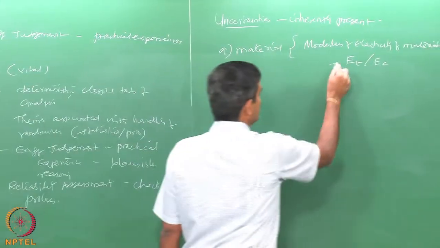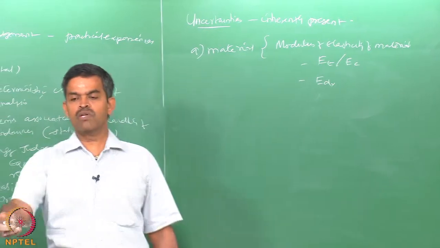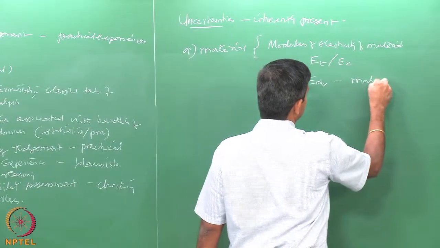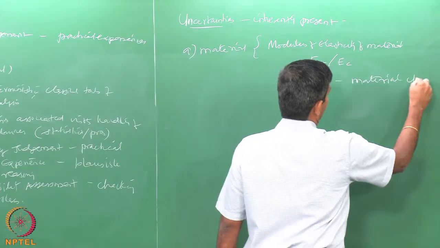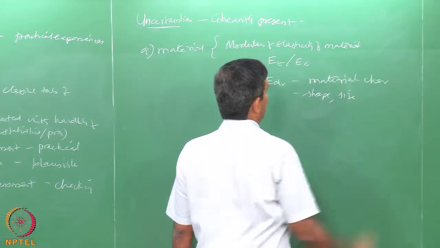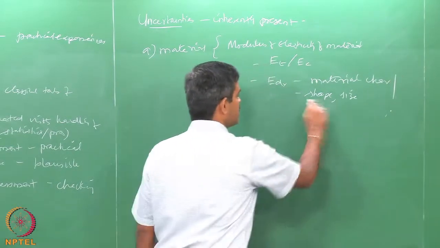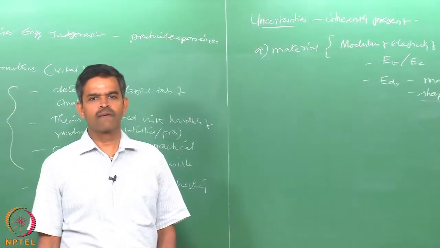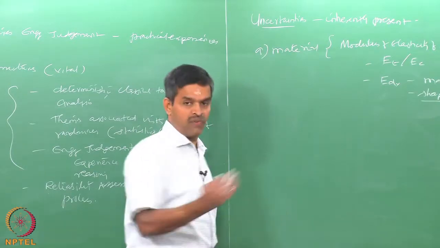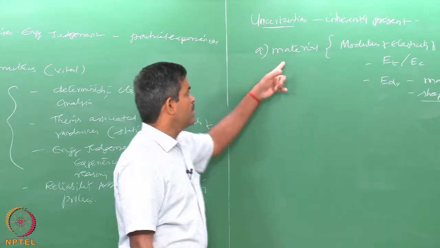One can look at Young's modulus in dynamic state, the dynamic modulus of elasticity, which depends not only on the material characteristic but also the shape, size and grain distribution and other properties of the material. So, it is very intrinsic. So, the first set of problems of uncertainties can arise from material.